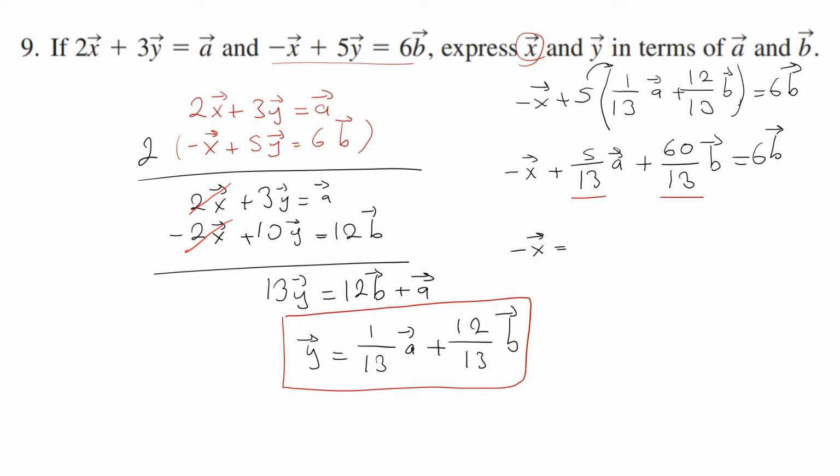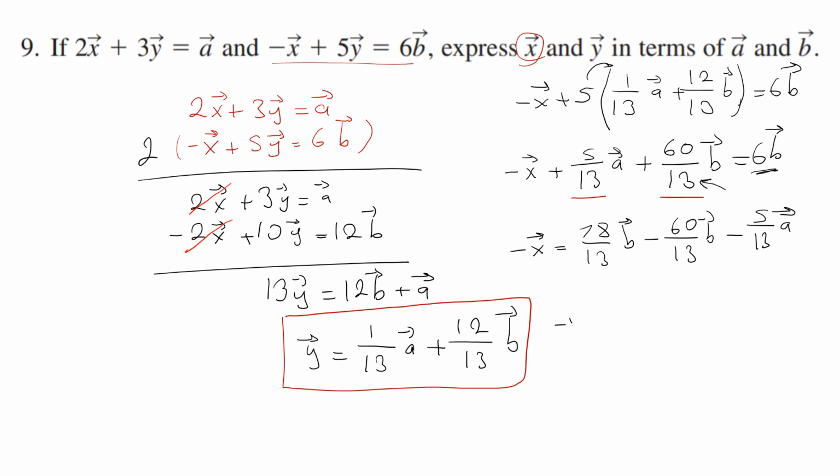I realize I can rewrite 6b in terms of the denominator given here, so I can add them together. When I do that, I get 78 over 13 b, which corresponds to what 6b is. Now I'm going to send that 60 over 13 to the other side as negative, so I have negative 60 over 13 b, and I have negative 5 over 13 a.